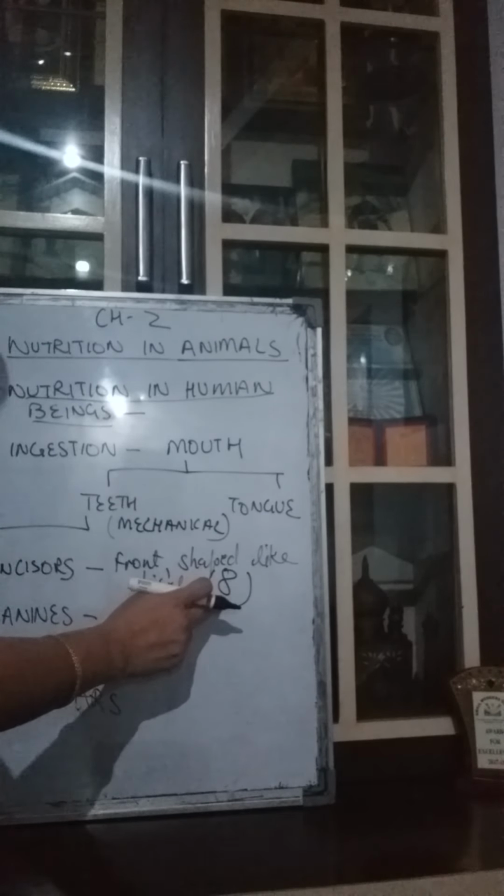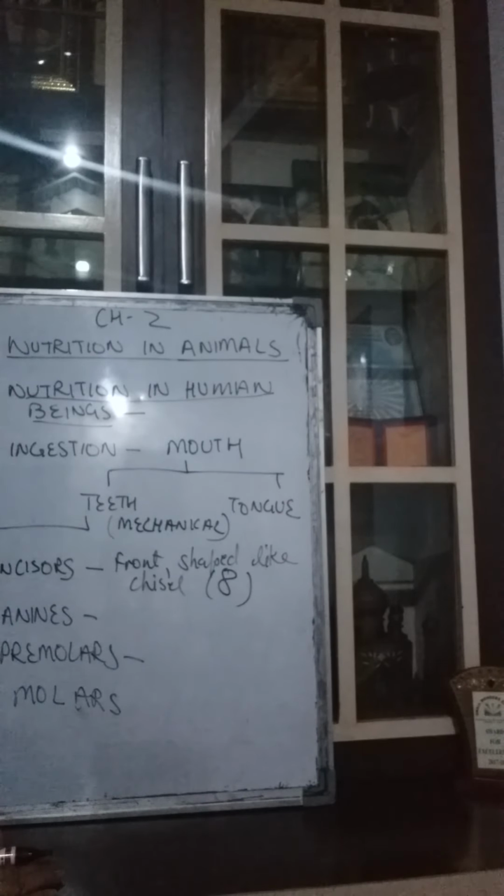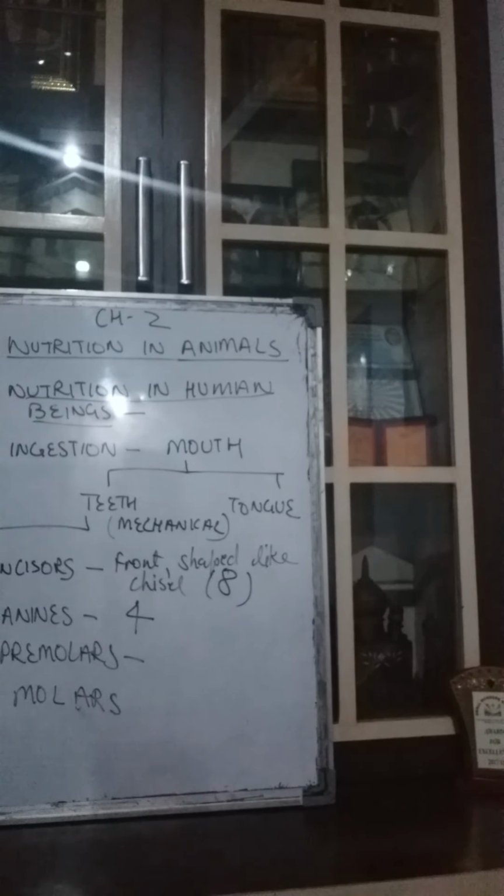First, incisors. How many incisors do we have? There are a total of 8 incisors: 4 on the top and 4 at the bottom. Now canines. We have 4 canines, that is 2 on the top and 2 at the bottom. Then we come to the premolars.